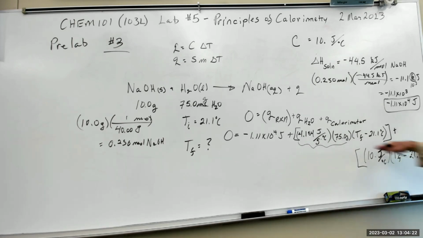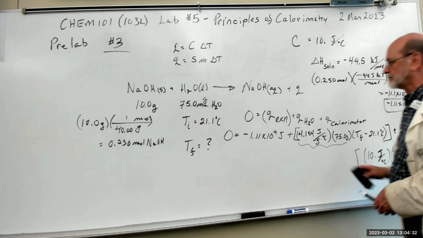So that's the whole string there. And you'll notice we've only got one unknown right here. So we can solve this equation for that one unknown. That's what we have to do next.